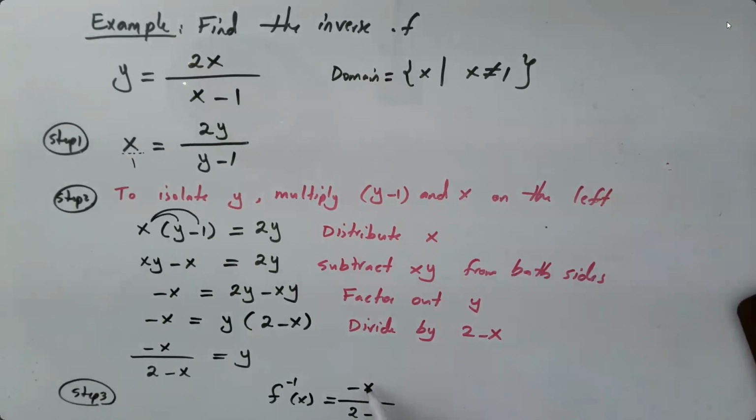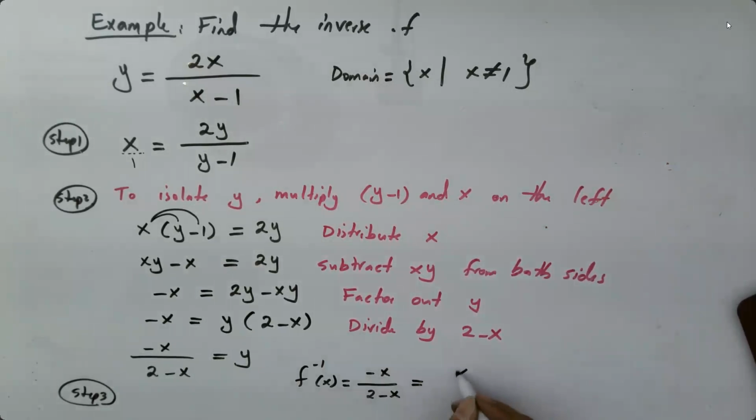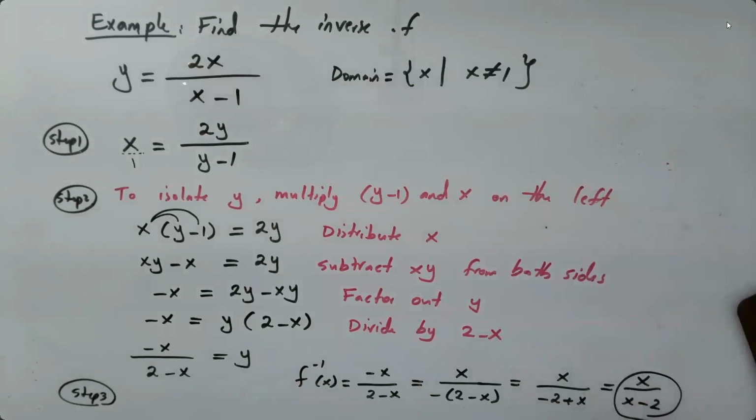So the inverse of f is negative x over 2 minus x. I can write it as x divided by, this negative sign can be written on the denominator, minus 2 minus x, or x divided by negative 2 plus x, or x over x minus 2. This is my inverse function.